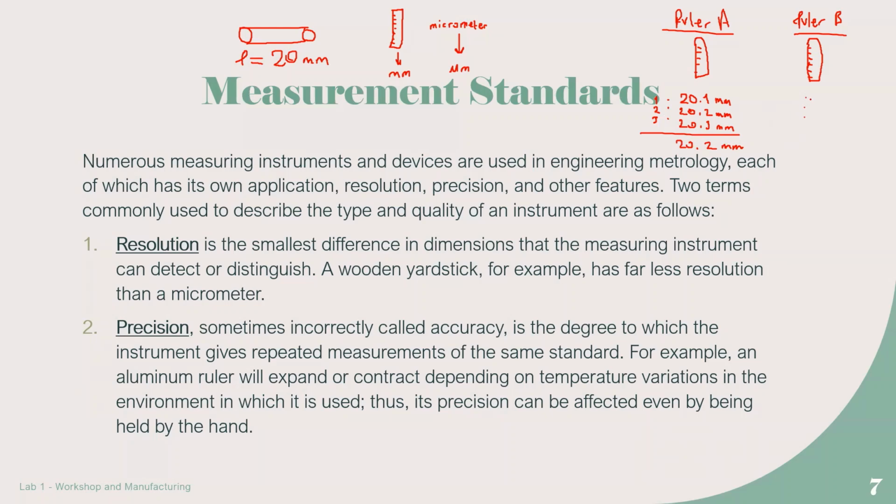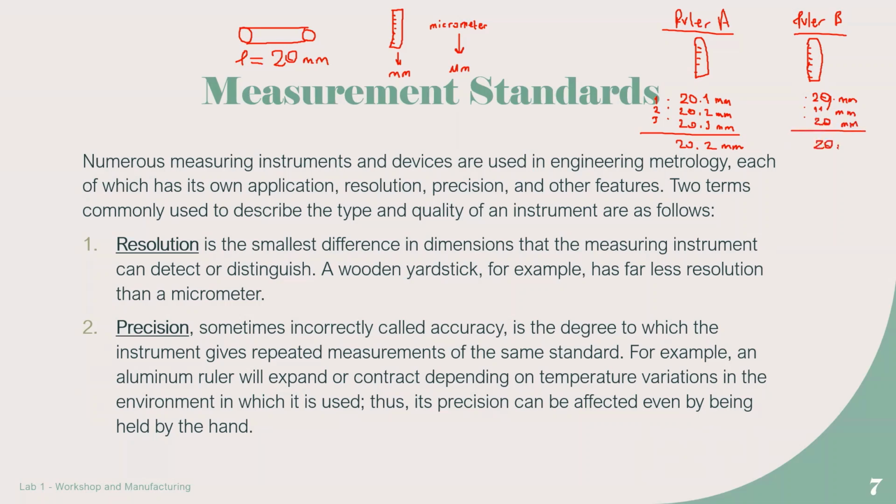But let's say for ruler B, I measured 29 millimeters. Then I measured 11 millimeters. Then I measured 20 millimeters again. So what is my average?